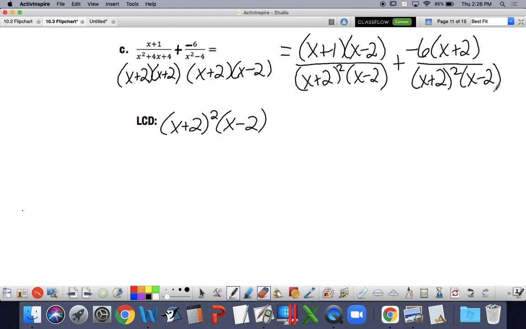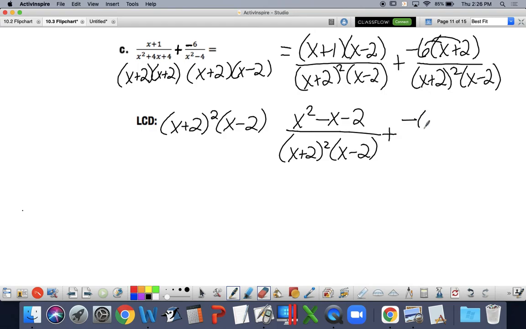Now before we add them, let's FOIL the first fraction's numerator and distribute the negative 6 here. So I have x squared minus 2x plus 1x minus x plus negative 6x minus 12.